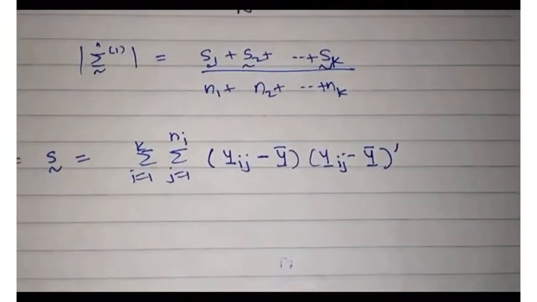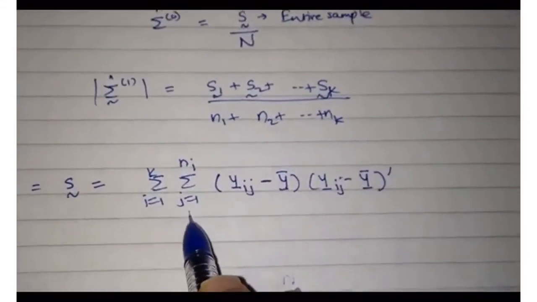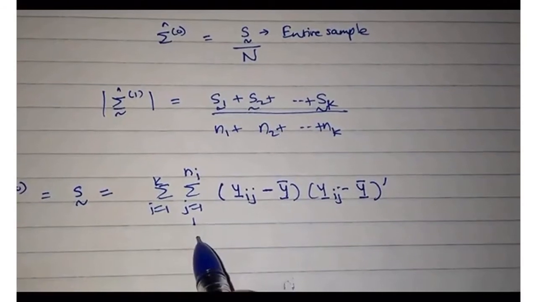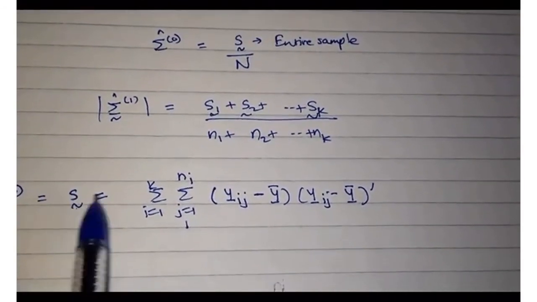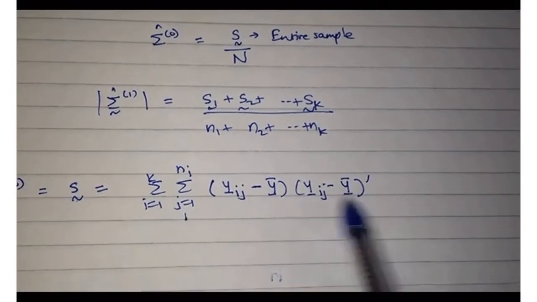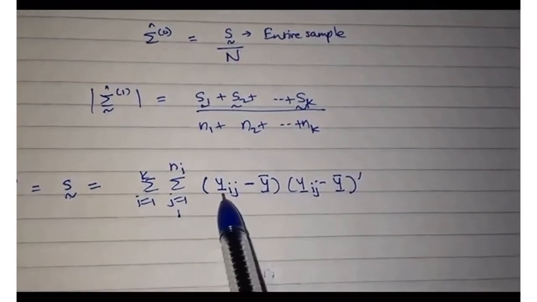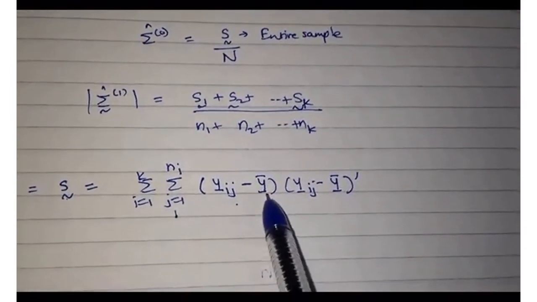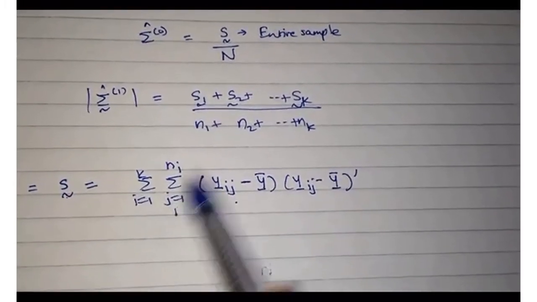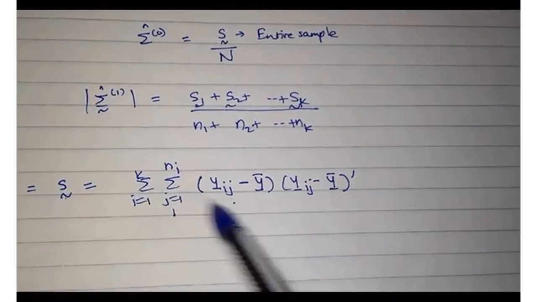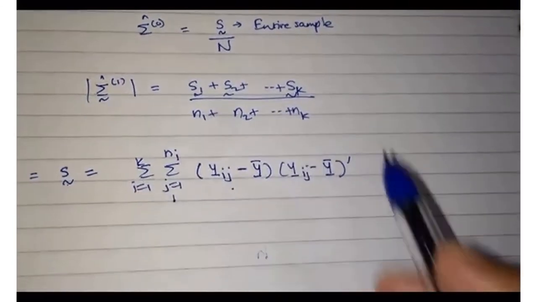First, let us see if you actually understand what is happening. In S I need a sum of squares kind of term for every observation. So every Yij I have to take its deviation from the overall mean, multiply it by its transpose, and then take the sum over all of them, so sum over j and sum over i.